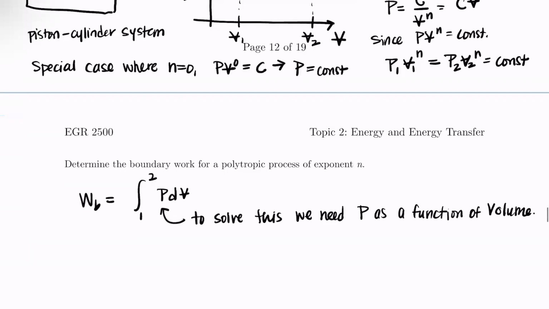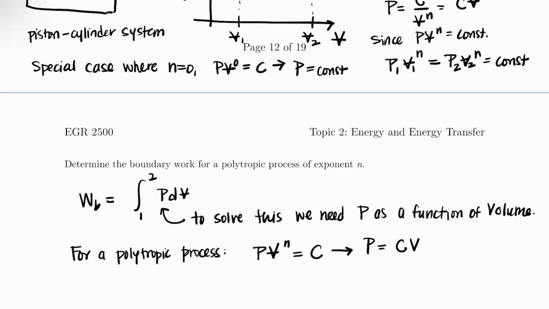All right, and we know that it's polytropic, so we can say that for a polytropic process, P V to the n is equal to a constant. So we're going to solve this for P, and we have P is equal to C times V to the minus n.